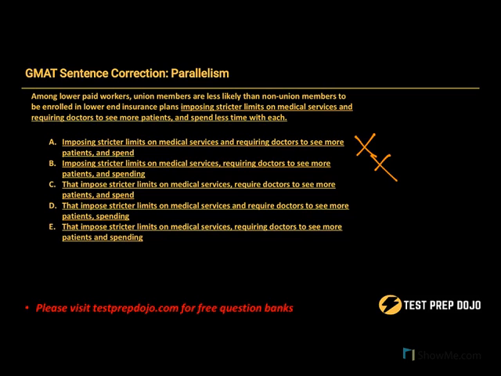Of the three remaining ones, that impose stricter limits on medical services, require doctors to see more patients and spend, we're going to skip that one for now. That impose stricter limits on medical services and require doctors to see more patients, spending. We'll skip that one. That impose stricter limits on medical services requiring doctors to see more patients and spending. So that's nonsensical.